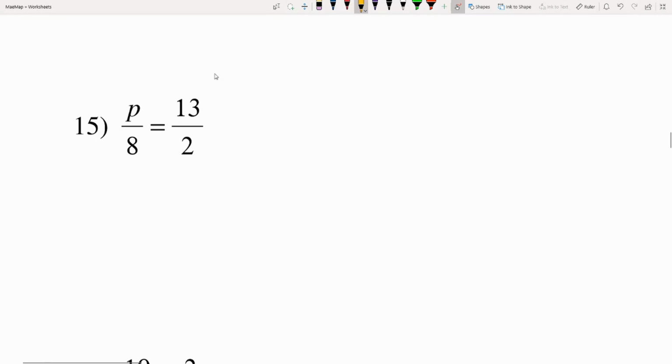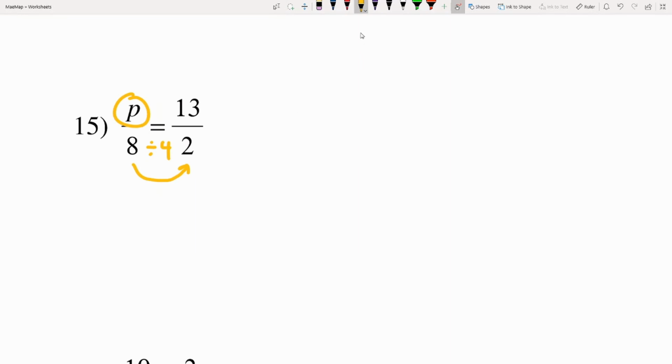In number 15, we're solving for what p is equal to. And we have a very nice exchange here. 8 and then what, either multiplied or divided, will give us 2? And that's 8 divided by 4.